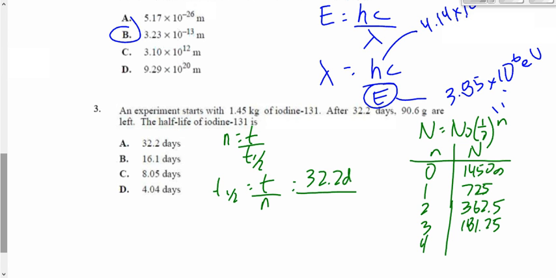After 4 half-lives, oh, look at that, 90.6 grams. It's actually like 90.625, but we're pretty darn close there. So little n is 4. 32.2 divided by 4 gives me 8.05 days. So my answer is C.